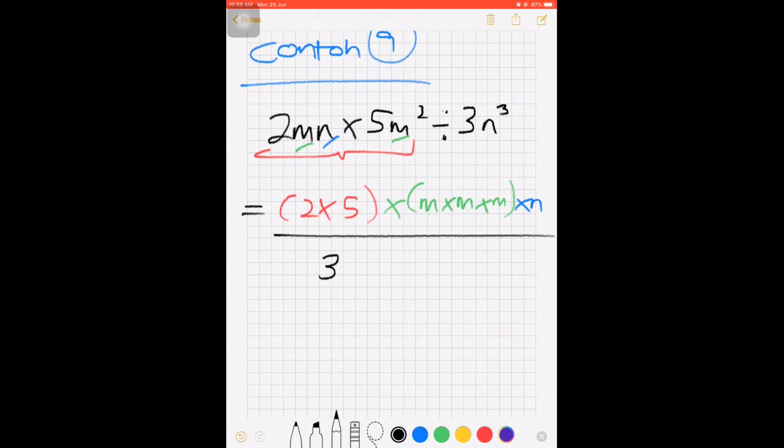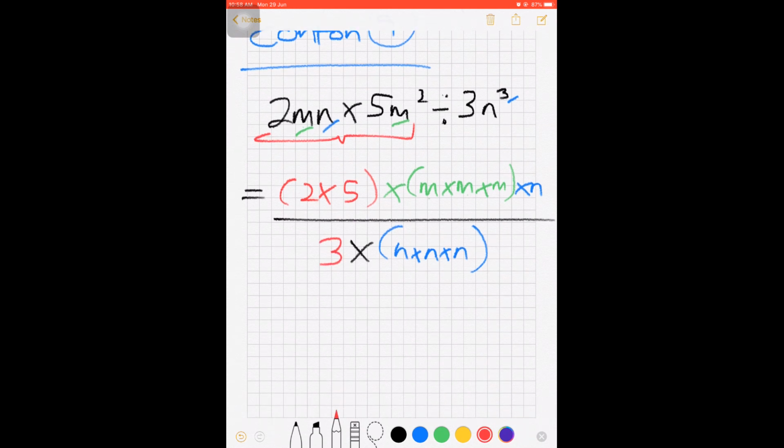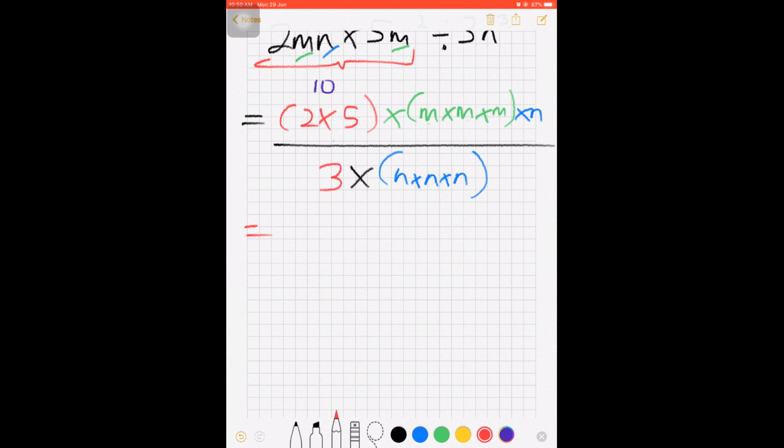Kalau nak buat terus pun boleh lah. 3 times n times n times n kan, sebab ada 3n kuasa 3. So maybe I should change this one to red. Okay. So the answer, so this one 5 times 2 becomes 10, right? So this one is 3. So it becomes 10 over 3.